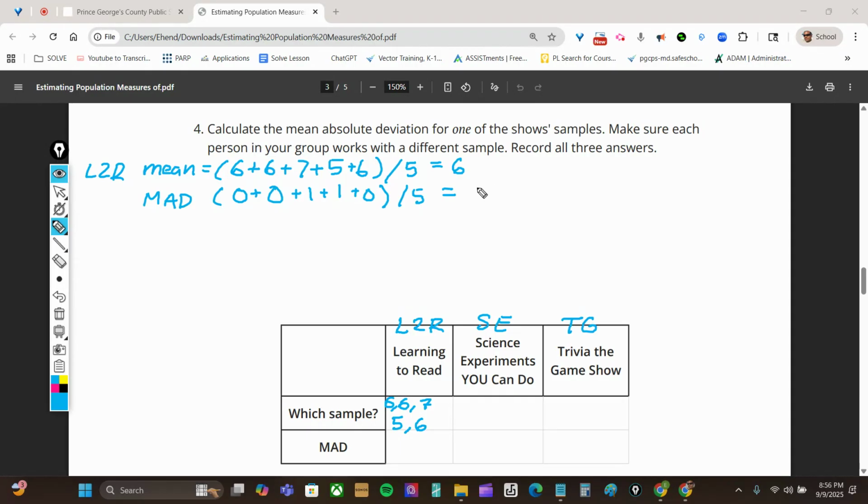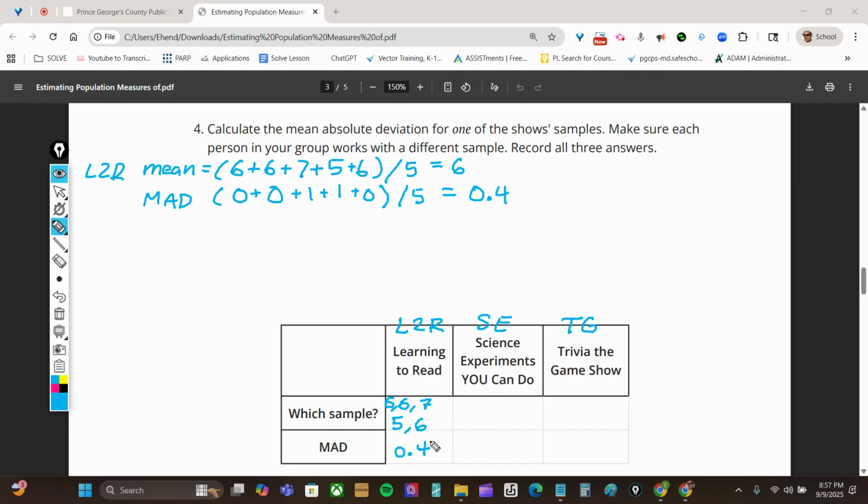Okay, 0.4. Okay. And then we are going to, the MAD right here is 0.4.